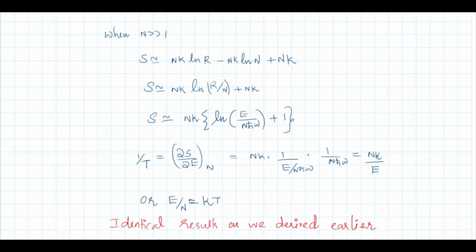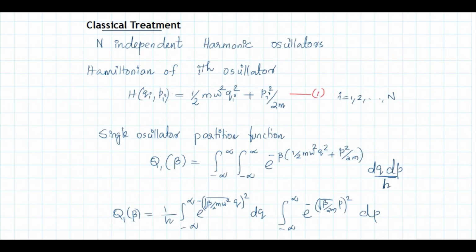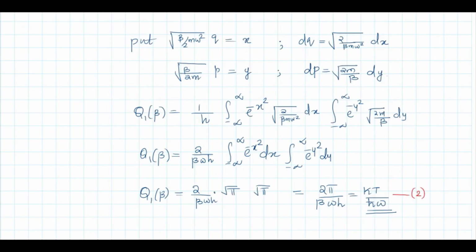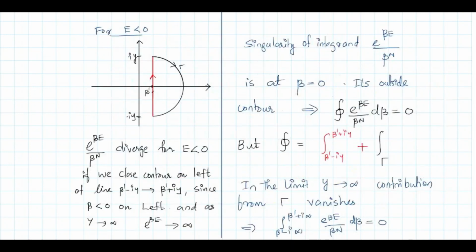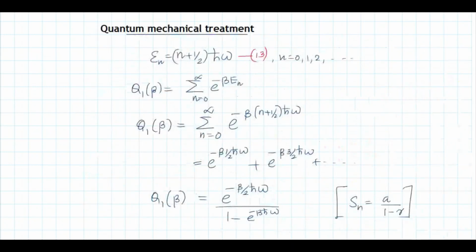So in this lecture, what I explained is the treatment of N harmonic oscillators using the classical approach as well as the quantum mechanical approach. First, we calculated the partition function using the phase space concept and we derived the entire thermodynamics. We derived the equations for different quantities.